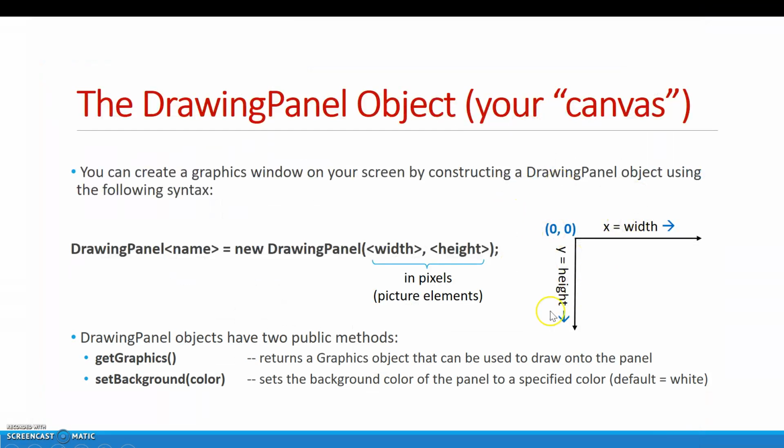And one big part of what you're going to be learning this week is just getting used to the coordinate system of this graphics engine and understanding how to draw objects and how to specify that. So unlike the coordinate system in math, where if you think about an x and a y axis, the y goes up, the coordinate system for this is actually opposite.